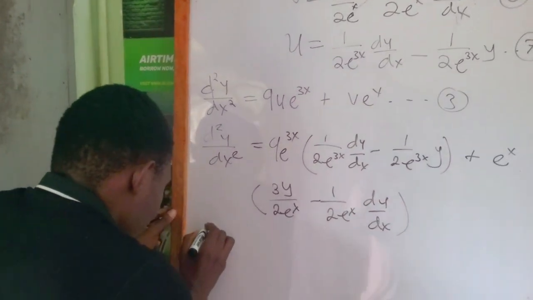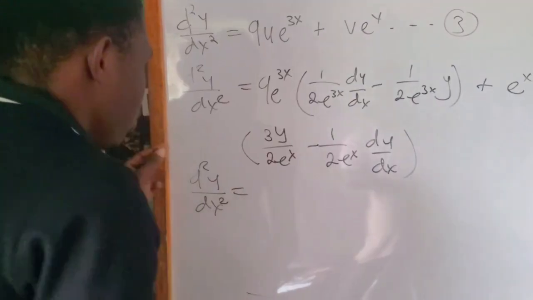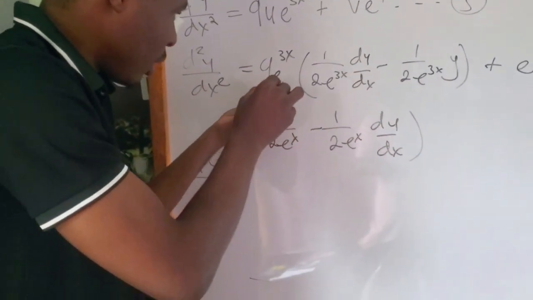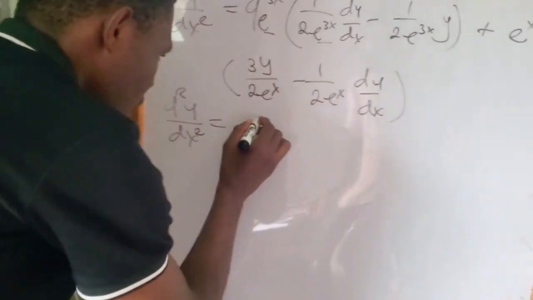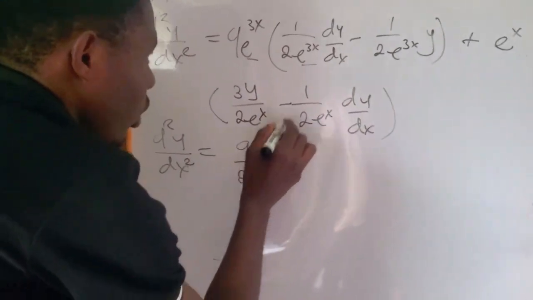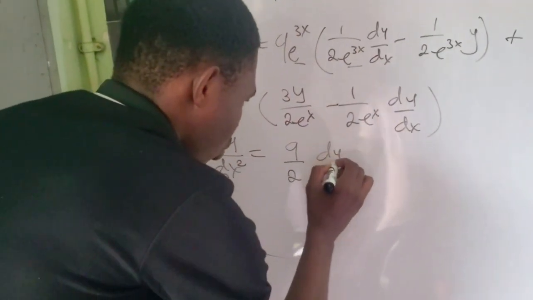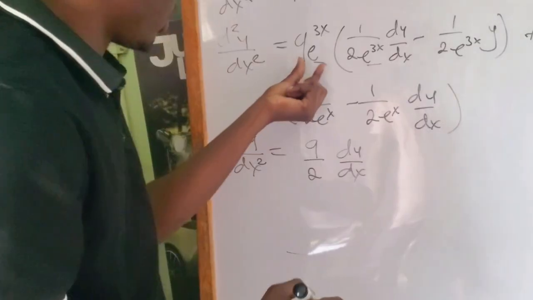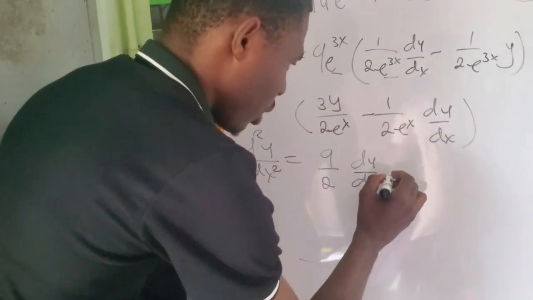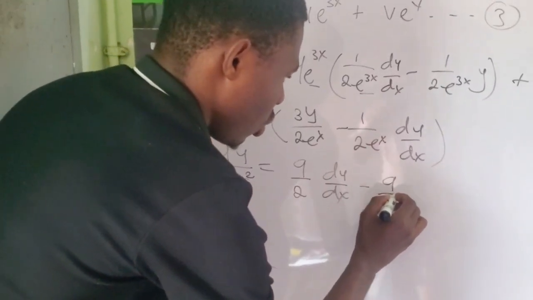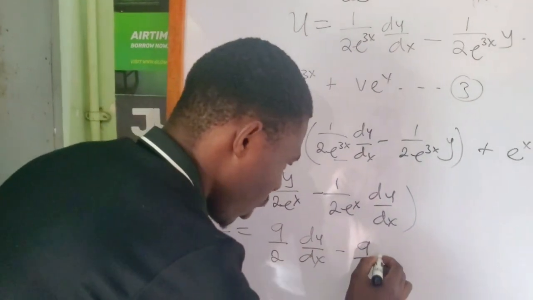All right, let us simplify this equation. So the left hand side, the 2y dx squared will be equal to, now this is 9, e to the x will cancel e to the x, so we are going to get 9 all over 2 times dy dx. Now 9e to the x times this, we are going to be getting minus 9 all over 2, because e to the 3x will cancel e to the 3x, leaving us with y.